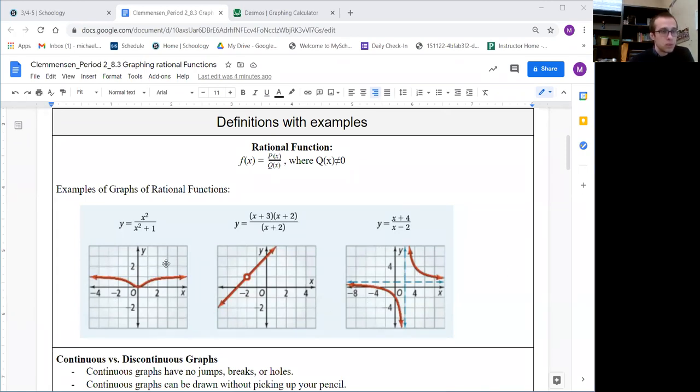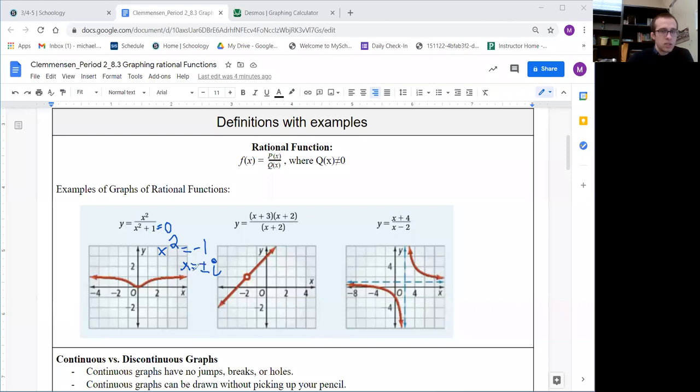This one right here, let's start with it, comes from the fact that this denominator, when I set it equal to 0 and solve, I get x squared equals -1, which means that x equals plus or minus the square root of -1, which is i.